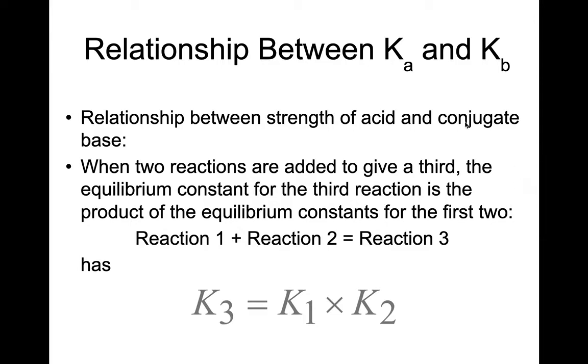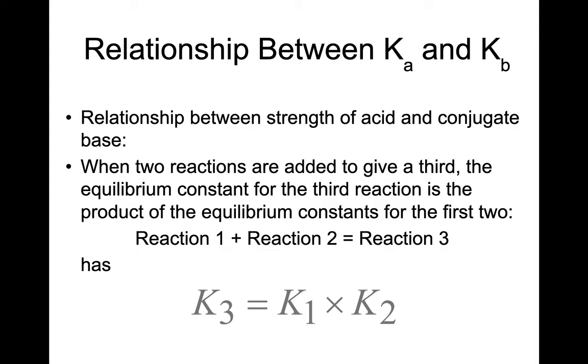Now, we've talked about a Ka and a Kb, and as you might expect, these do have a pretty close relationship. If we are considering an acid and its conjugate base, we could have an equilibrium constant for each part of that pair.